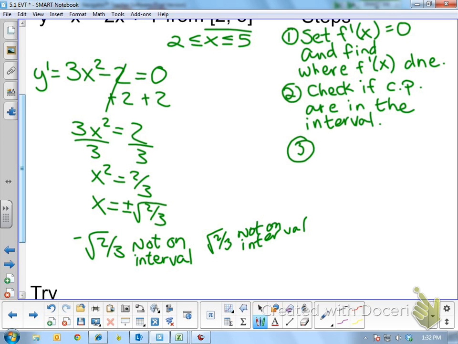Once we found all our possible points, we have our endpoints 2 and 5, and we checked our critical points, neither of them were on the interval. We plug all points into the original function. When I say all points, I mean endpoints and critical points on the interval.